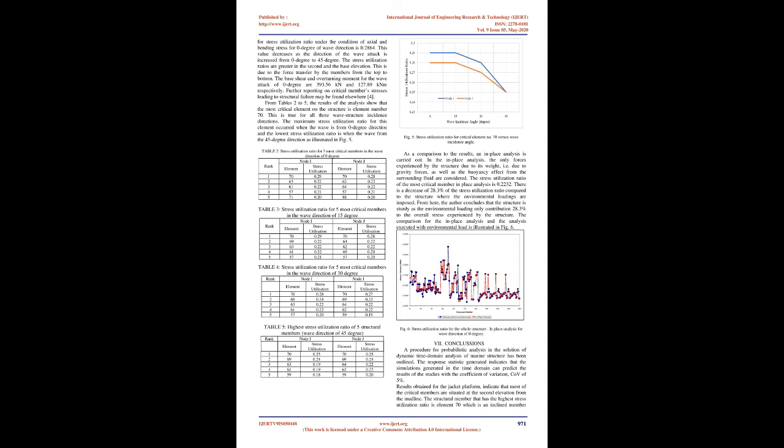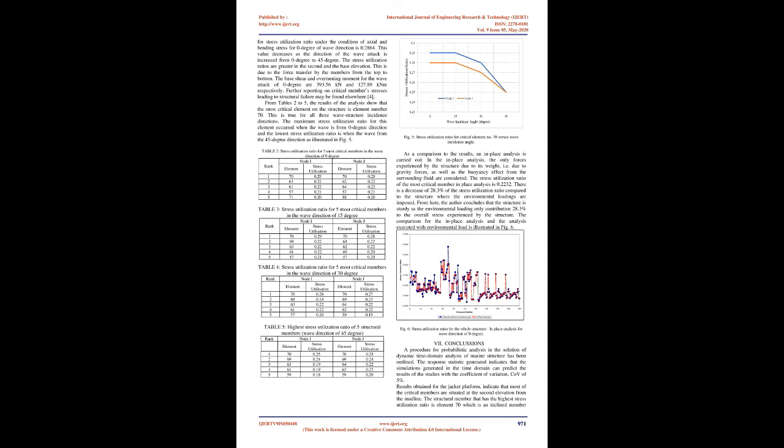Generally, if the ratio is less than 1, the structure is considered safe. The definition of the stress utilization ratio used in this study is based on the criteria set by API Working Stress Design Code 10. Stress utilization ratio for a member under combined stress, combined axial compression/tension and bending, can be defined as.